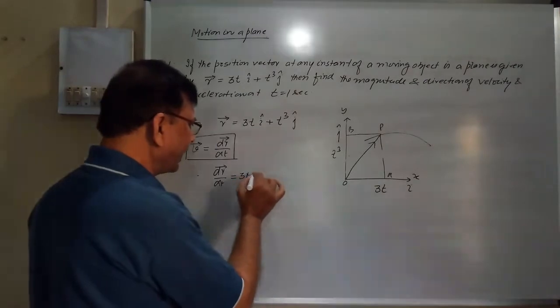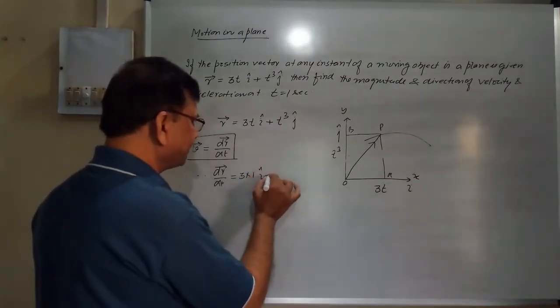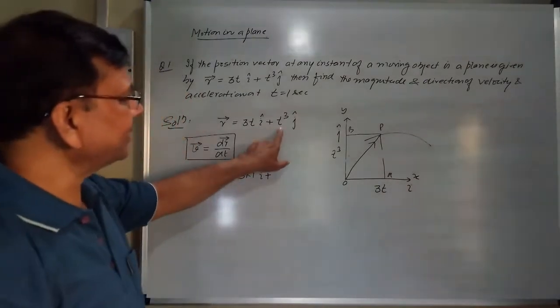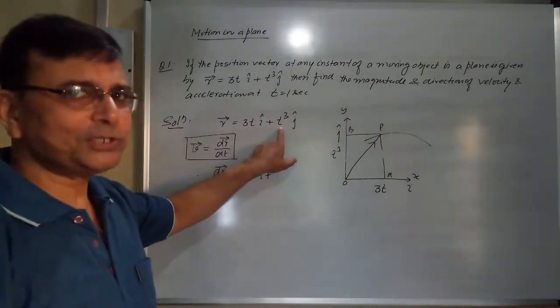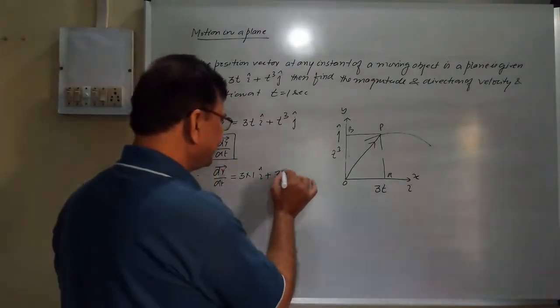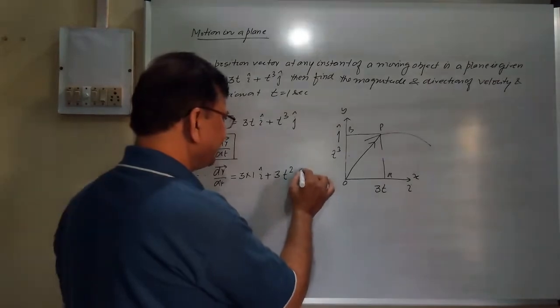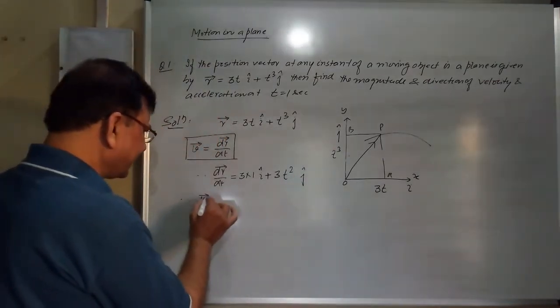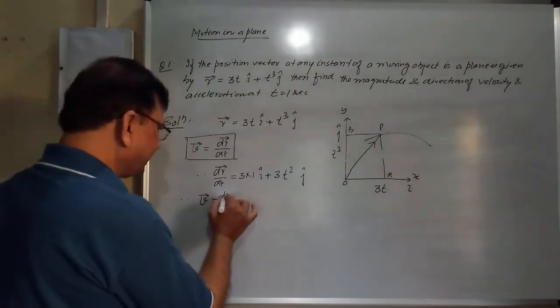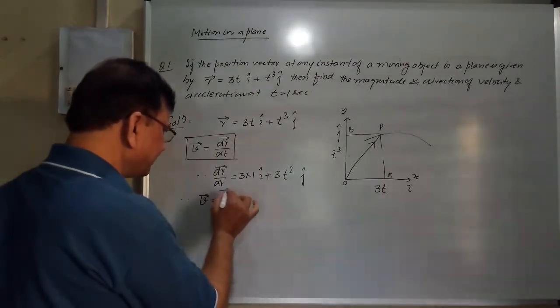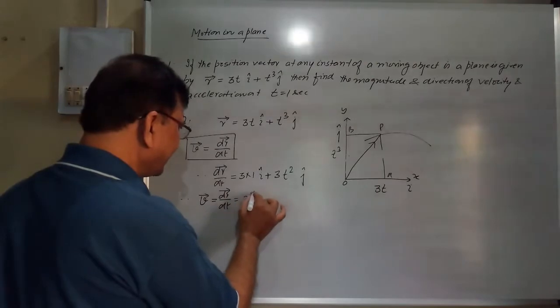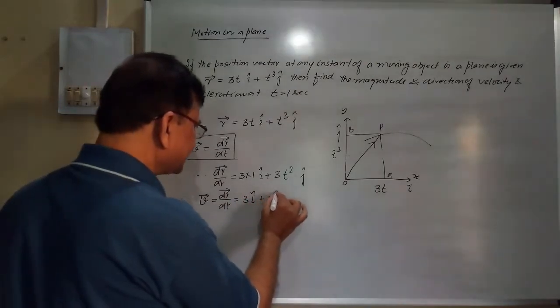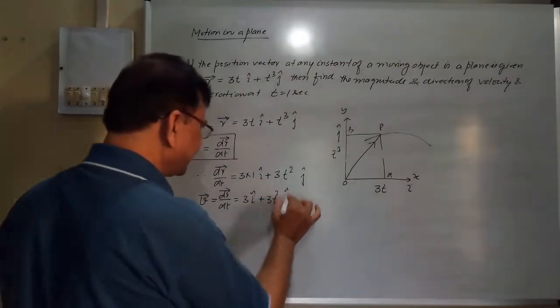So into 1, and that is i, plus differentiation of t cube with respect to t is 3t square, and j will remain as it is. So therefore v vector is equal to dr upon dt, that is 3i plus 3t square j.